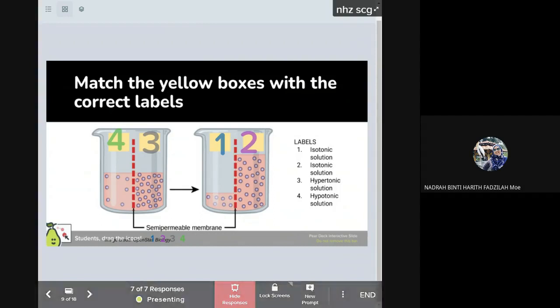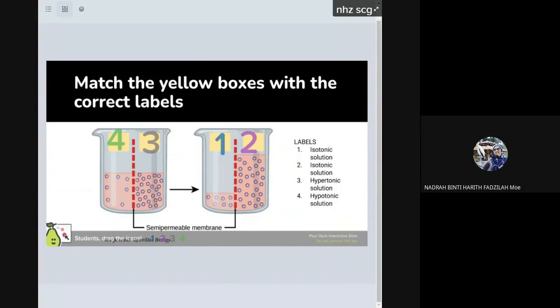So since water molecules from solution 4 diffuse into solution 3 via osmosis, we can see that the number of free water molecules in 1 and 2 are the same.